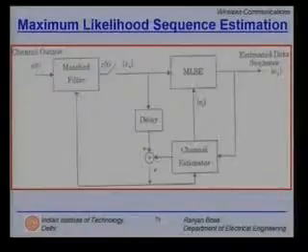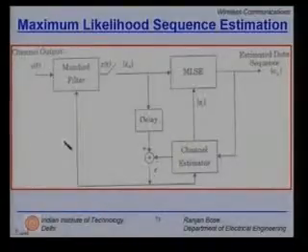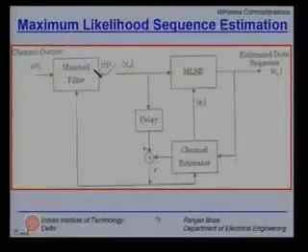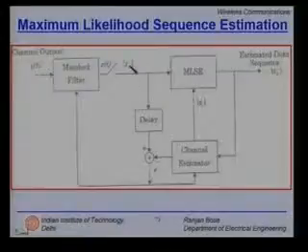So let us look at the block diagram of the maximum likelihood sequence estimation. Here, for a change, this is a different structure. The input y(t) goes through a matched filter and immediately you have z(t). You sample it to get z_n and you work on the samples.